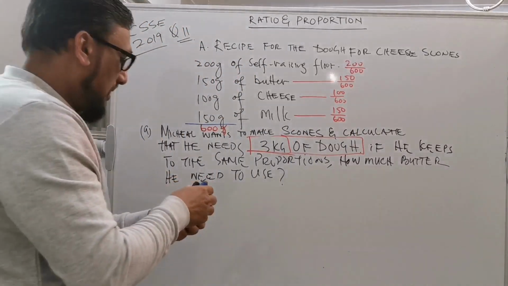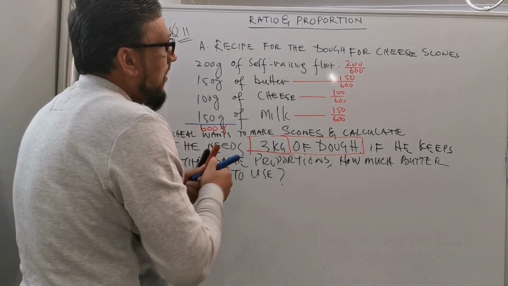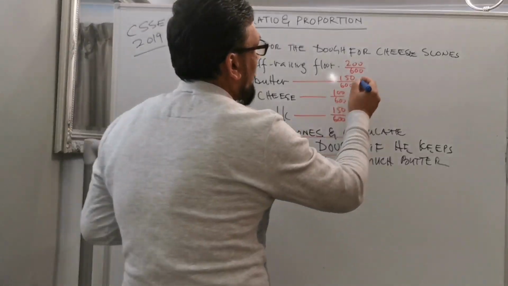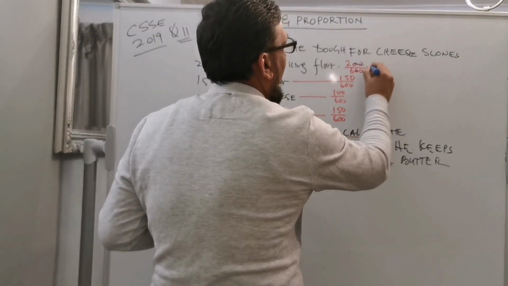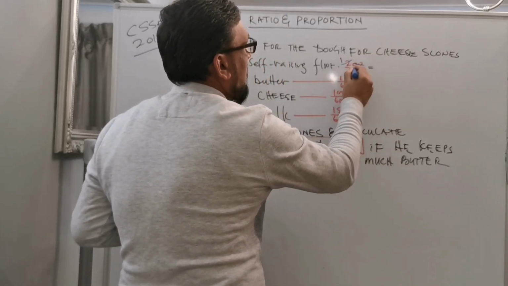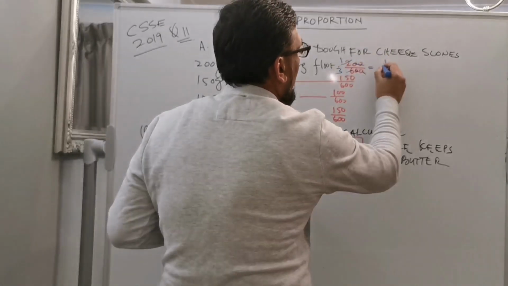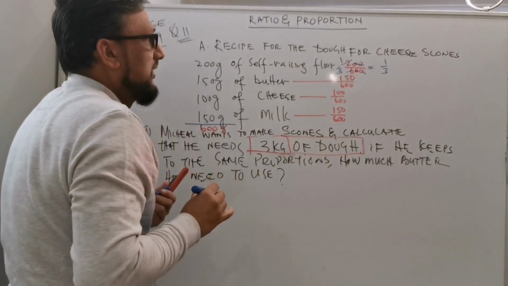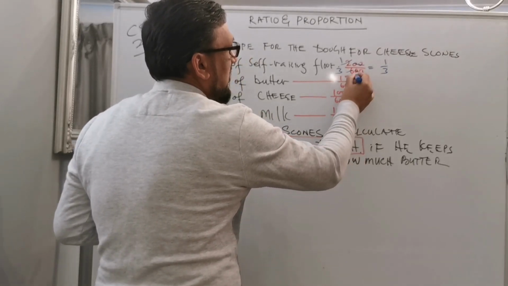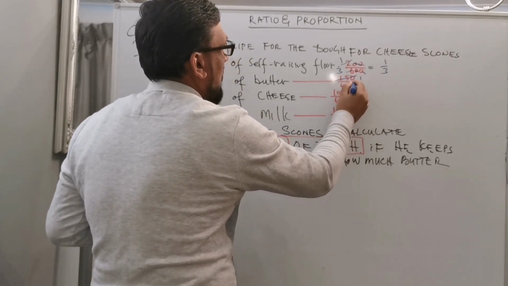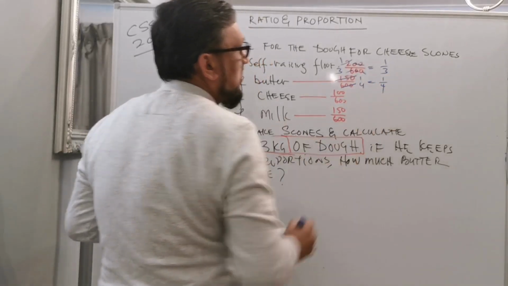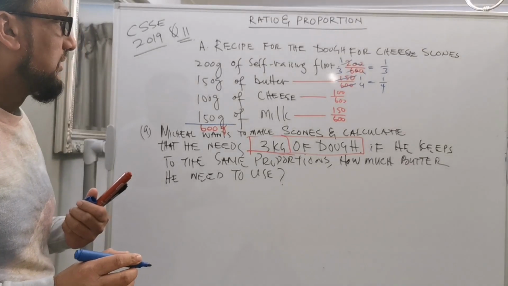Very simple: if you cancel the zeros, 2 times 1 is 2, and 2 times 3 is 6, so it means 1/3. 150 times 1 and 150 times 4 is 600, so this is 1/4.